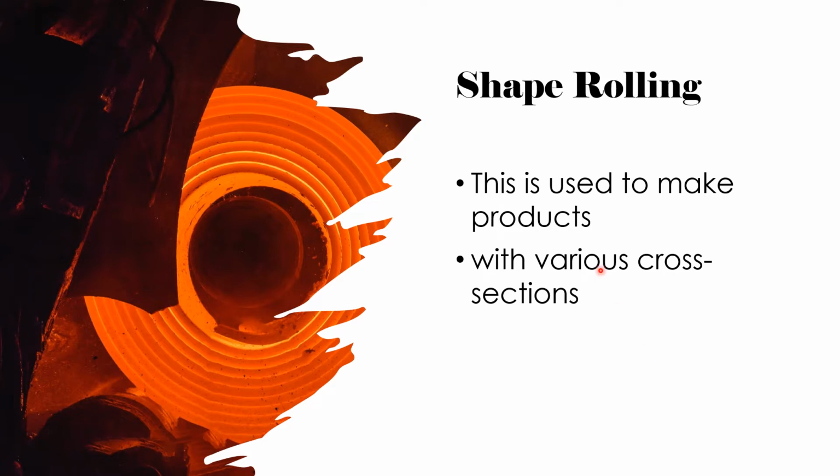That's what the virtual models are for, so we can see and predict the cross section character that we want to shape. So anyway, in shape rolling, we're making products with various cross sections.